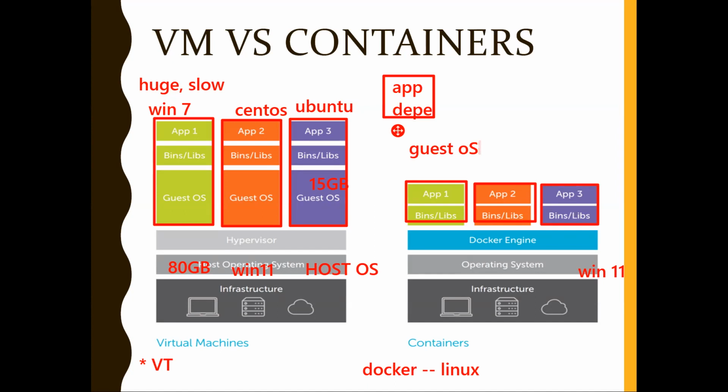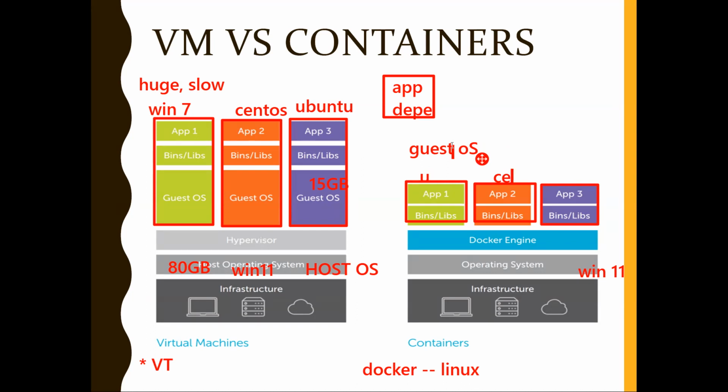Then you may have a question: how come you say this is an Ubuntu container, this is a CentOS container? It's because it doesn't have its own operating system means it will not have a full-fledged operating system. It will have only the binaries and libraries of the operating system, or let me say, only the minimal operating system.